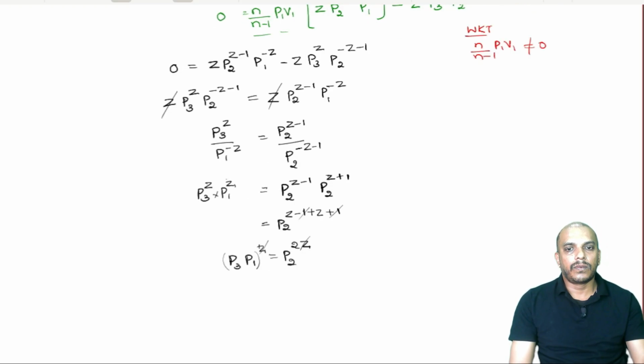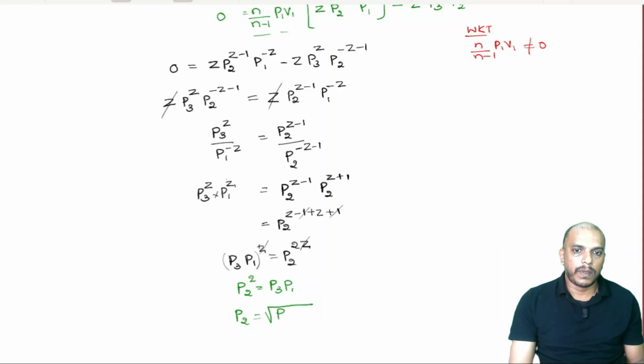Okay. So, what we have now is the intermediate pressure, P2 square is equal to P3 P1, or we can say P2 is equal to square root of P1 P3.